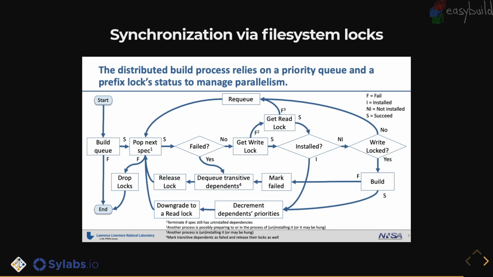All those processes will have a build queue. They will try to install things, check if the thing is already installed, and they basically synchronize with each other using file system locks. And this is a simplified version of the algorithm, that doesn't take into account, I don't know, external builds or other fancy things, but it works.